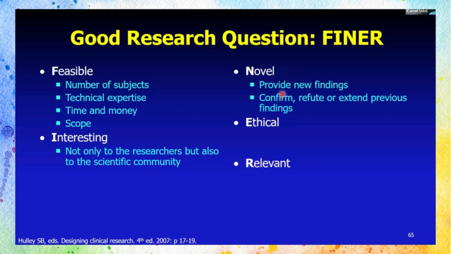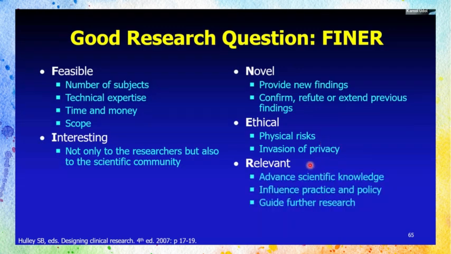So it must provide new findings, new knowledge, or at least confirm, refute, or extend previous findings. It must be ethical in terms of physical risk and invasion of privacy in doing research. And lastly, it must be relevant to advance scientific knowledge. It must influence practice and policy and guide further research. So these are the characteristics that you can consider to judge whether a research question is good or not.